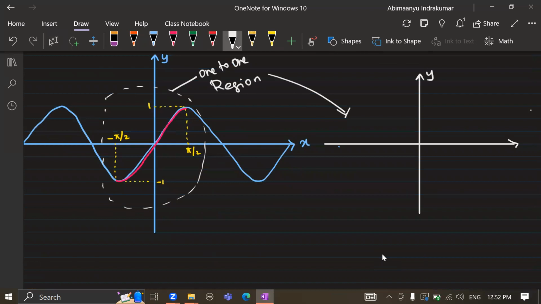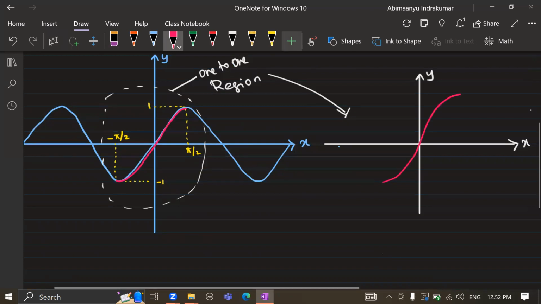I'll just exaggerate the graph a bit. So the graph would be something like this. This is how the one-to-one graph of sin x would look.